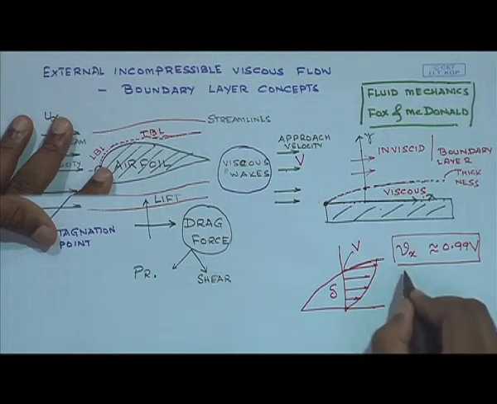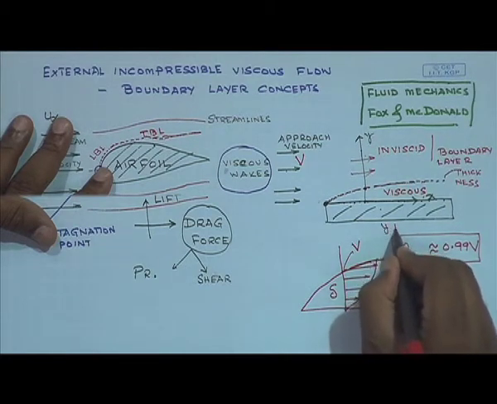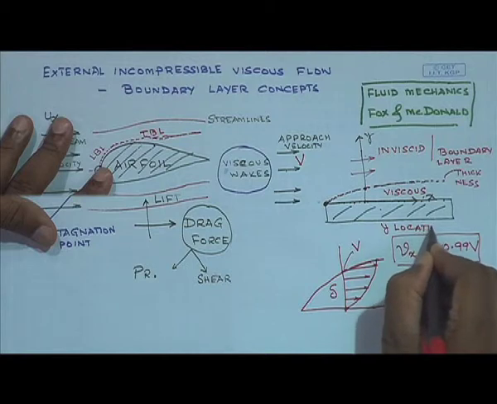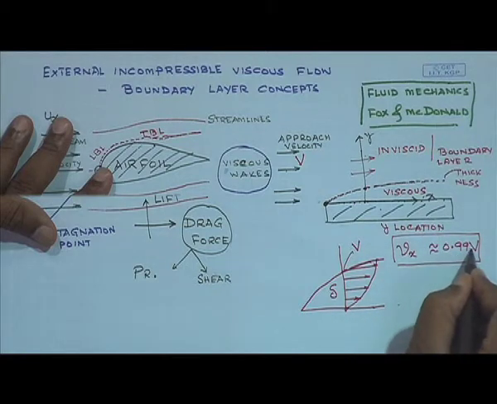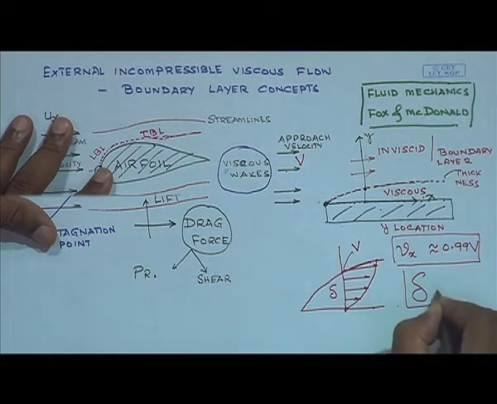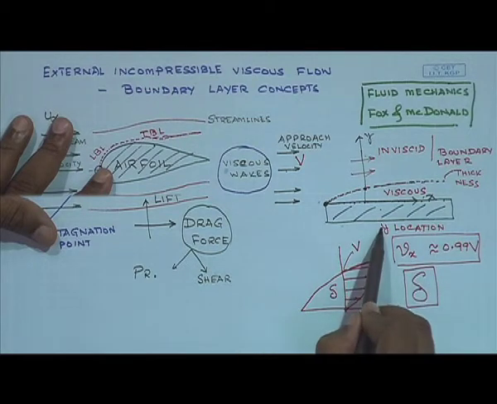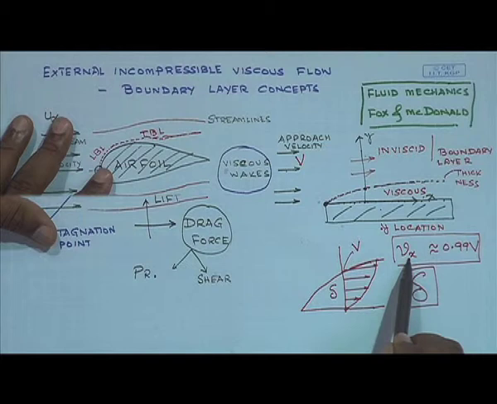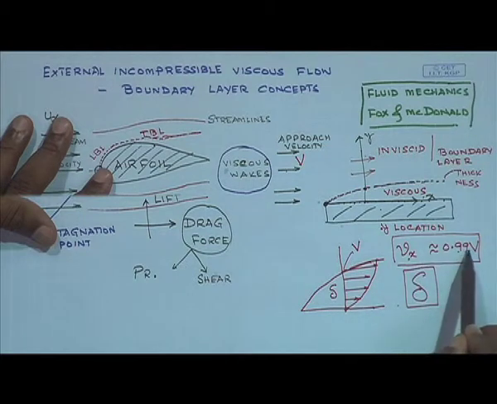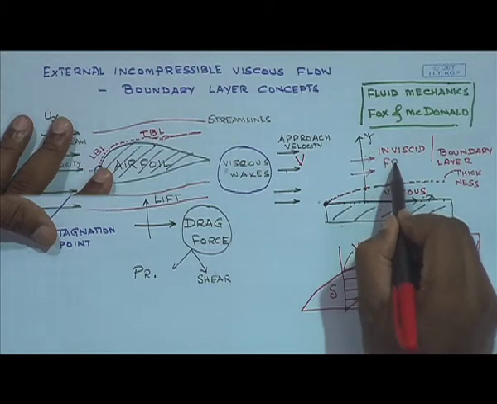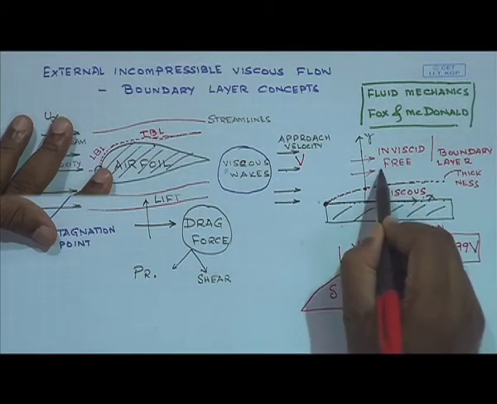This location, the y location where Vx is equal to 0.99 V, is called the boundary layer thickness delta. So, once again the boundary layer thickness delta is defined as the y location where the velocity reaches 99% of the free stream velocity.